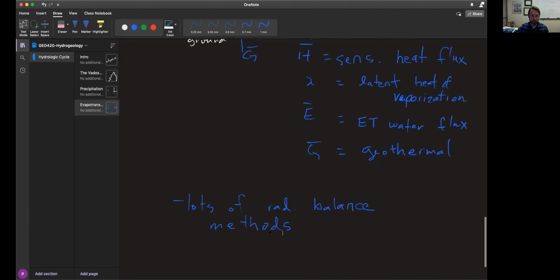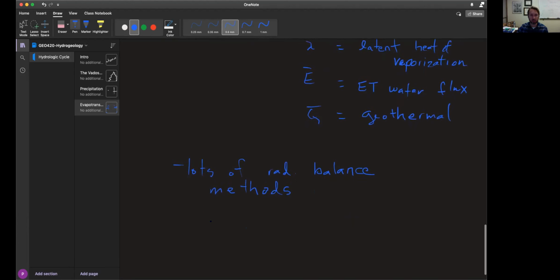And if we make some assumptions, we can then estimate ET. So just so you have some of their names, the Penman and the Penman-Monteith.